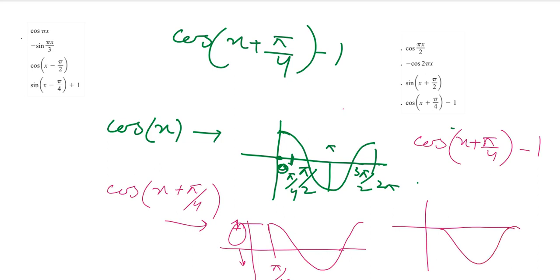Okay, we have moved this whole thing, and you can see the graph will be in this form. And over here, negative 1 will lie. So this is the whole graph of cos x plus pi by 4 negative 1.